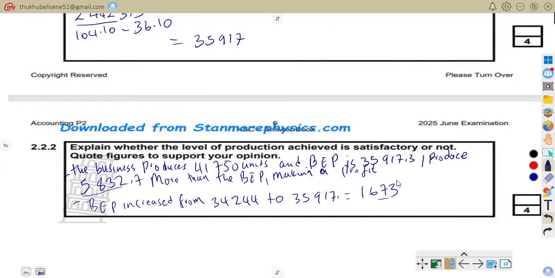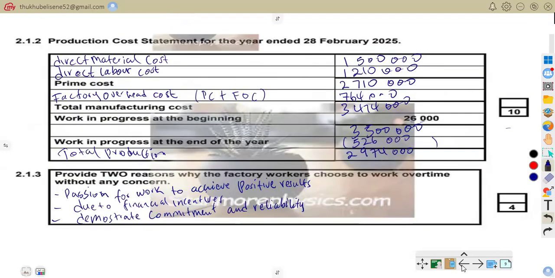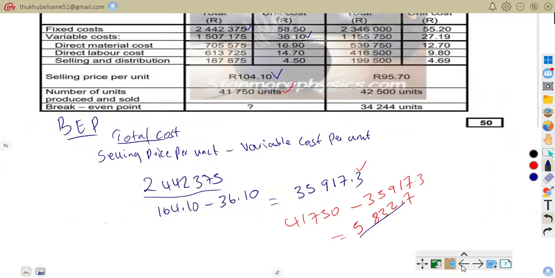So one can ask, where did we get this BEP of 34,244 from? So let us go to it and try to find where we got that. Very important that we understand that. Our break-even point was 34,244 units.